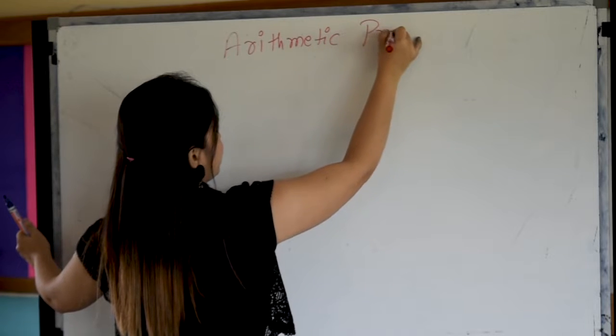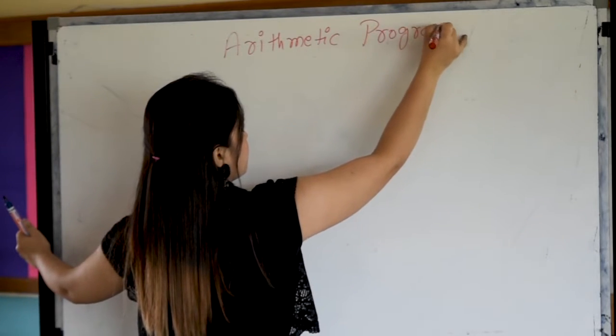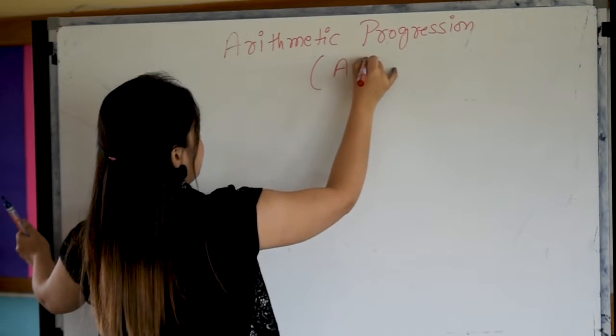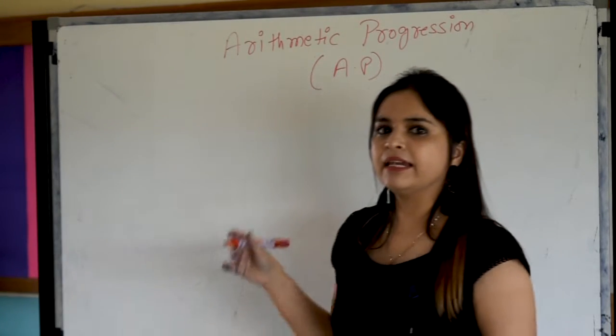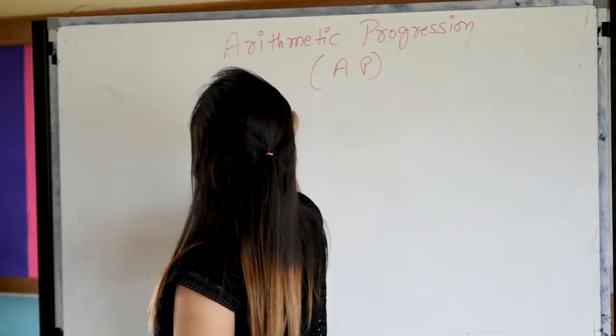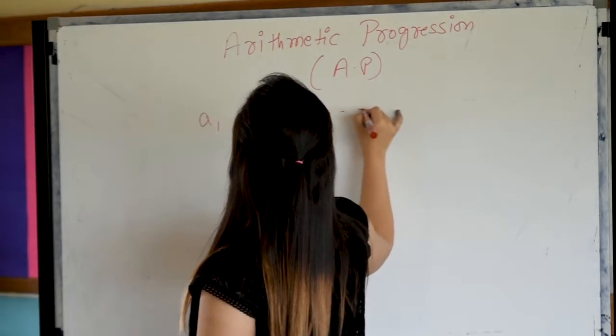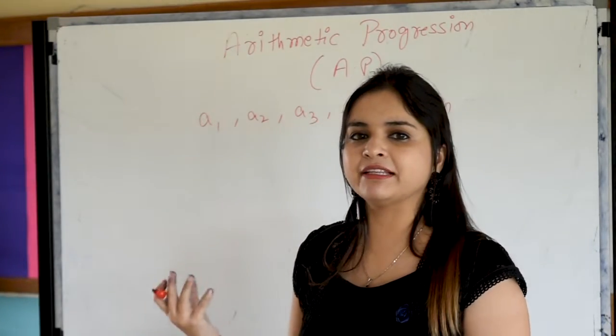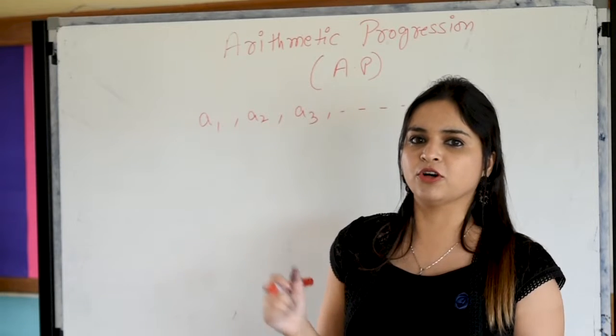Arithmetic progression or sequence. In short, I will write AP. Now let's start with the general form. A1, A2, A3 up to AN. Now, how will you identify whether the sequence is AP or not?